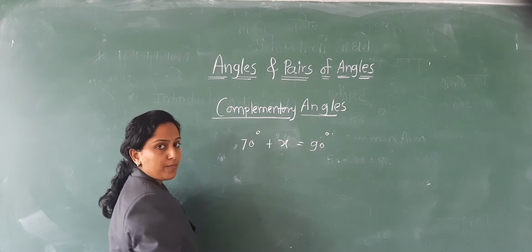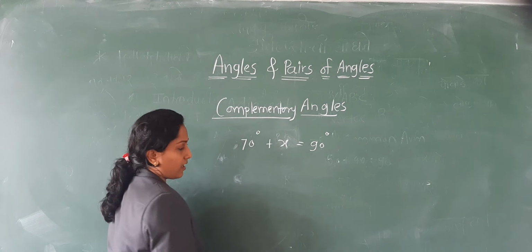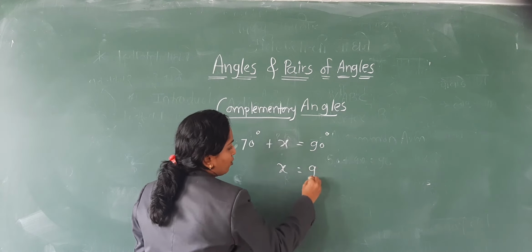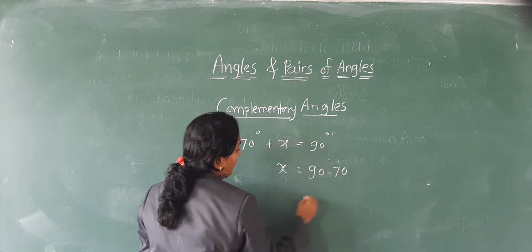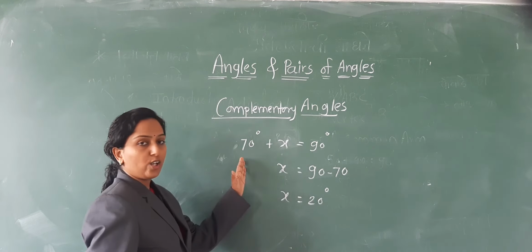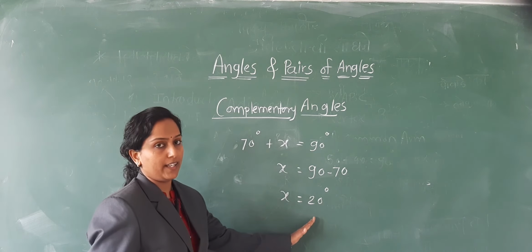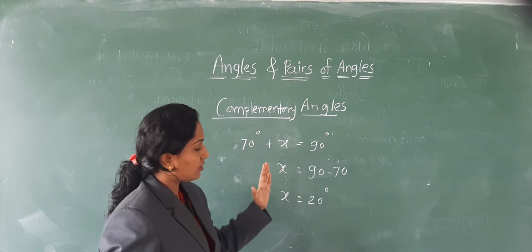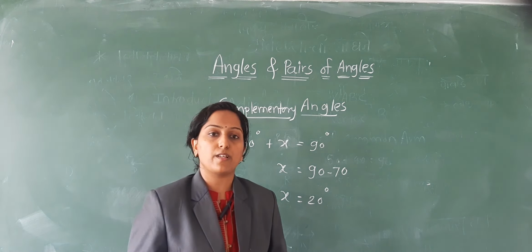You have to find the measurement of the other angle. So x is equal to 90 minus 70, so x is equal to 20 degrees. So the complement of 70 degrees is 20 degrees. According to this example, you can solve other examples also.